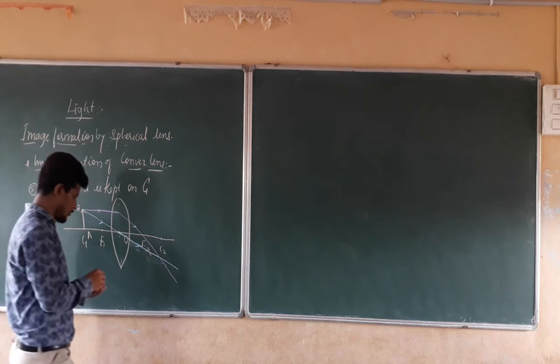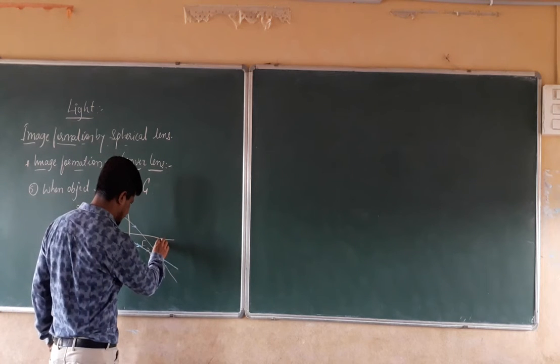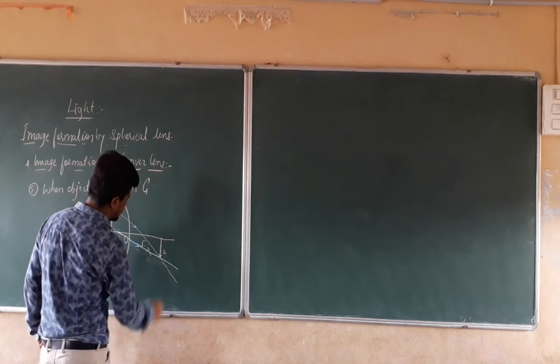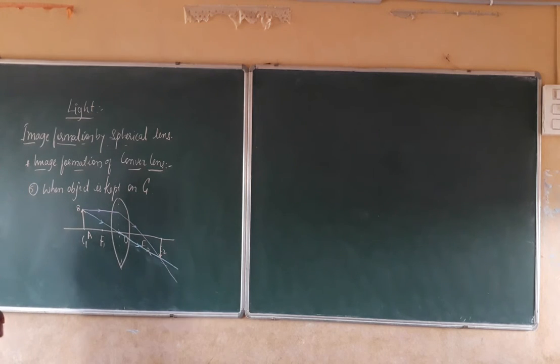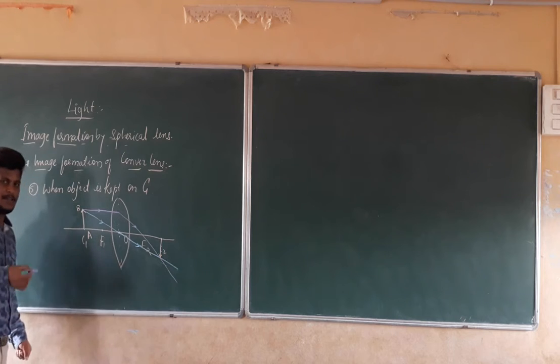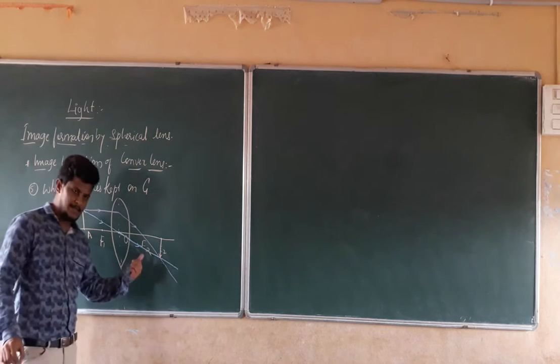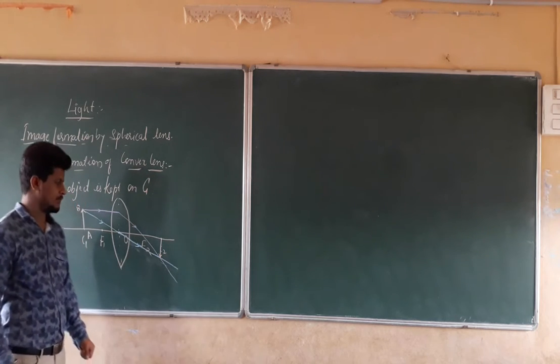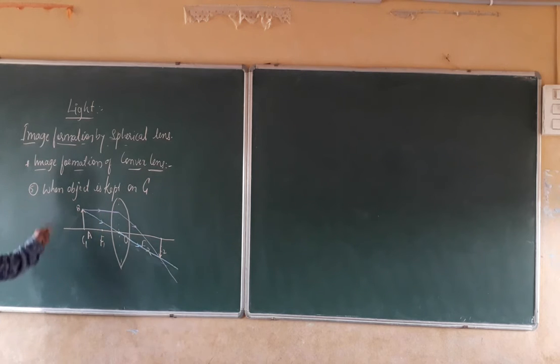Where is the image going to form? The image is forming exactly at the C. So when an object is kept on C, the image thus formed will be at the C only. This is the ray diagram for when the object is kept on C.